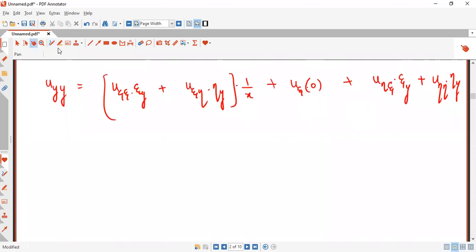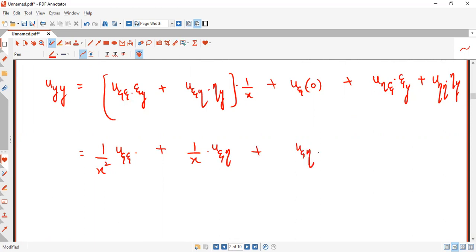Solving this, put the values of xi y and eta y. u xi xi, xi y is 1 upon x, right? 1 upon x into 1 upon x will become 1 upon x square. I'm writing it very directly. You solve it, but write every step so that you will not miss out any term. Eta y is again 1. 1 upon x outside is there, so just multiply with it. This plus u xi eta; u eta xi and u xi eta are both the same.